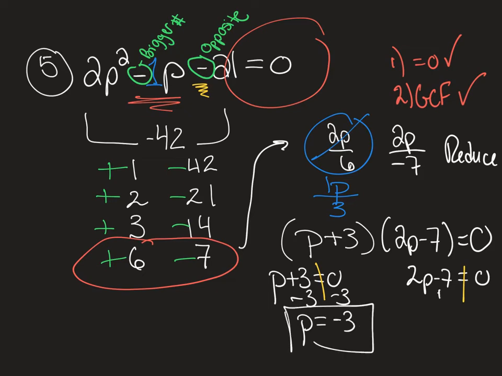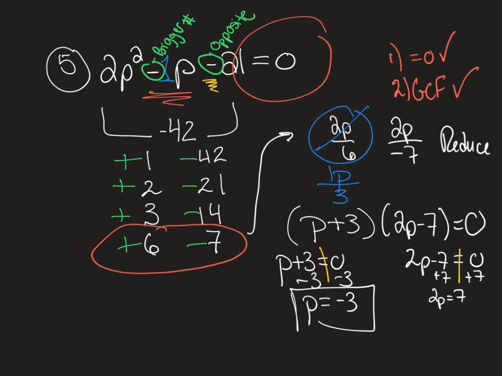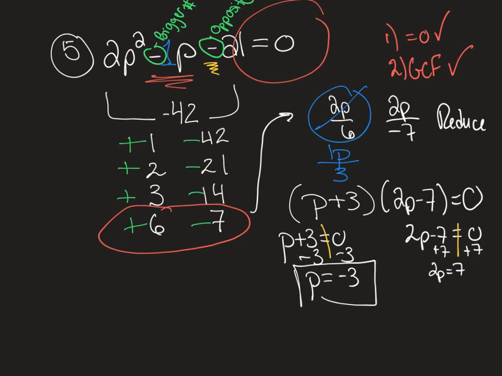On this one, I'm going to add 7 and add 7. So I have 2p equals 7. And then I'm going to divide by 2 and divide by 2. So p is going to equal 7 over 2, which is the same thing as 3.5. So there's my two answers, my two solutions.